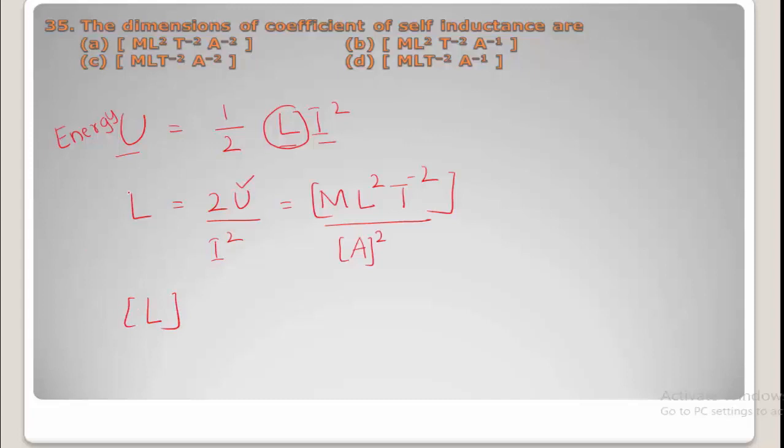Now simplify this, you will get M L square T raised to minus 2 A raised to minus 2. So this is the dimensional formula for self-inductance. So the option A is the correct answer.